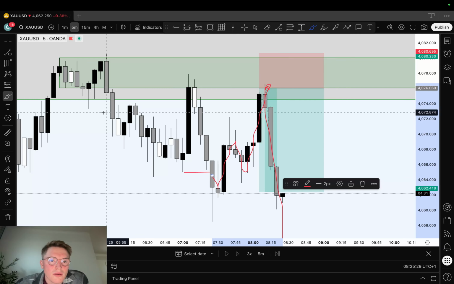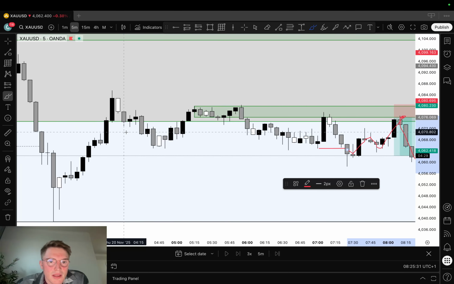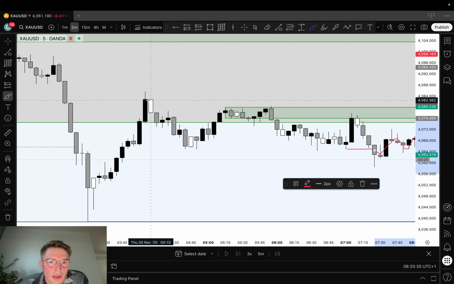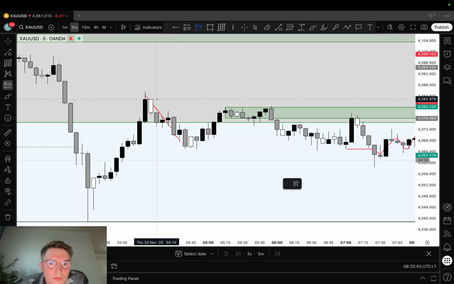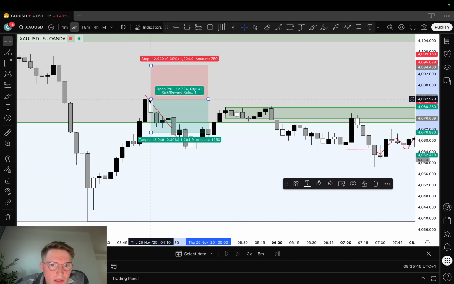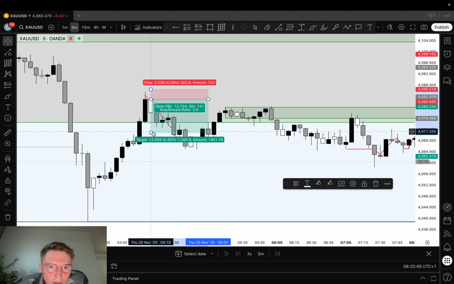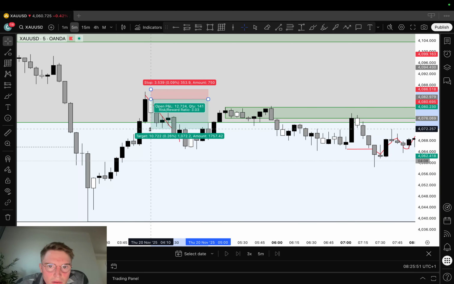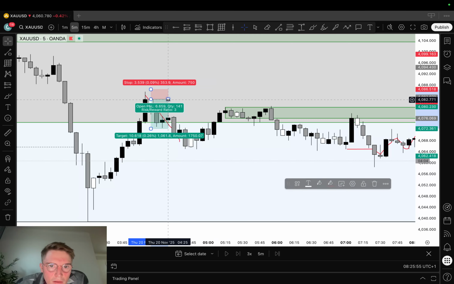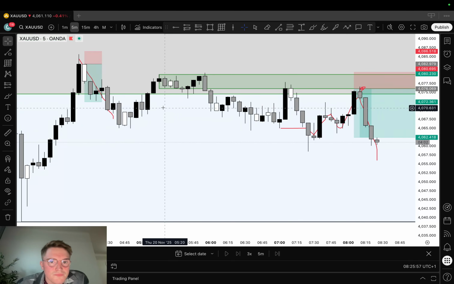We could have entered, as I said, many other times, off of this white one, because it taps back into that fractal, so you could call that down move. If you'd done a trade here, you could have done a short from here. Same as always, put that below, target 3R. So that was a trade I could have taken.